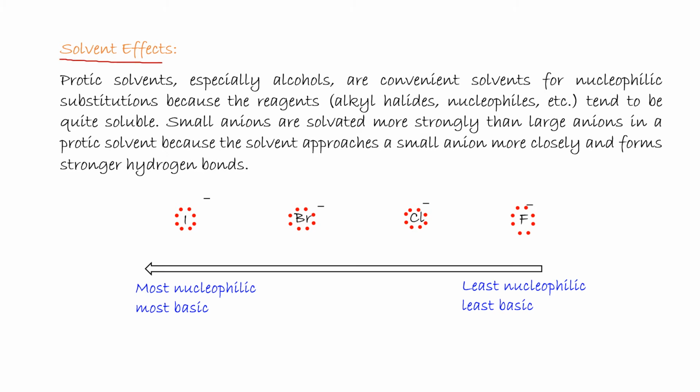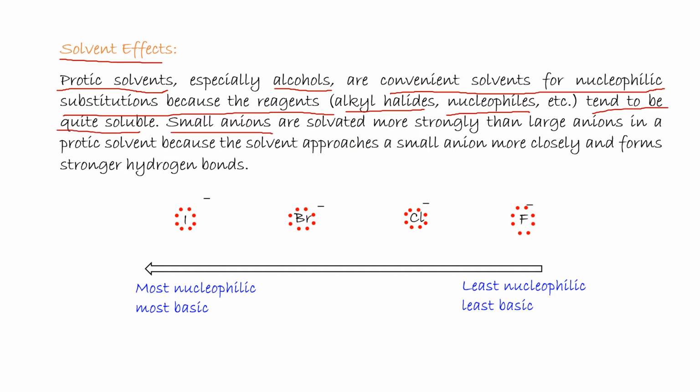Solvent effect. Protic solvents like alcohol, which has OH, are convenient solvents for nucleophilic substitution because the reagents, alkyl halide and nucleophile, tend to be quite soluble in these solvents.